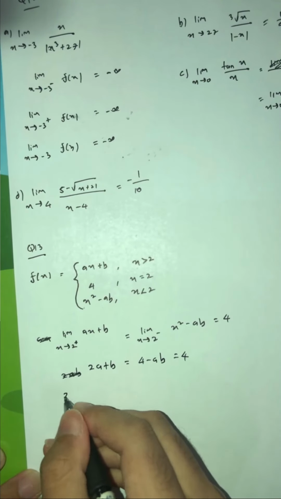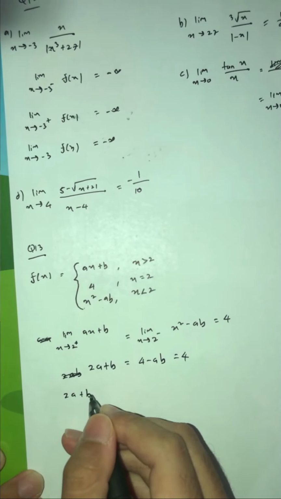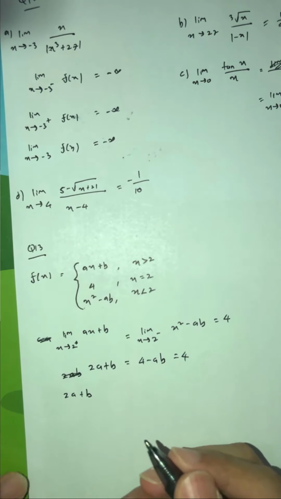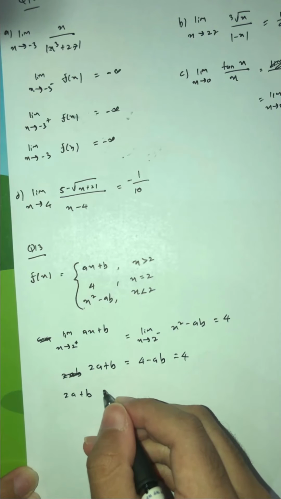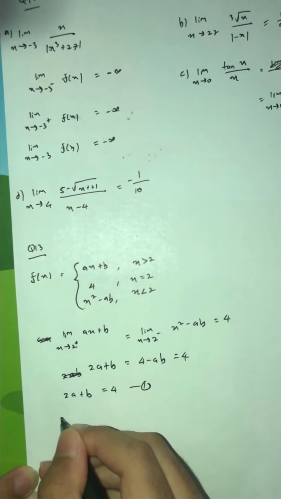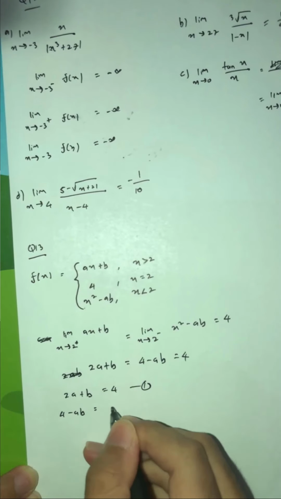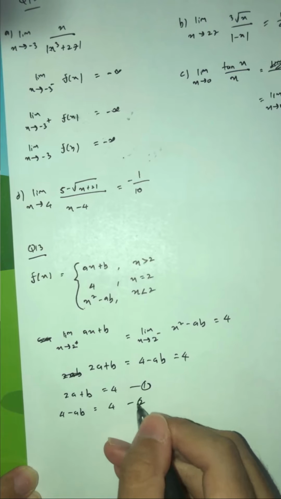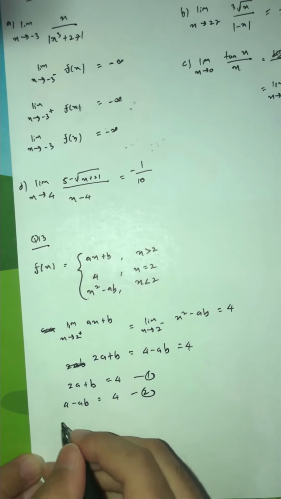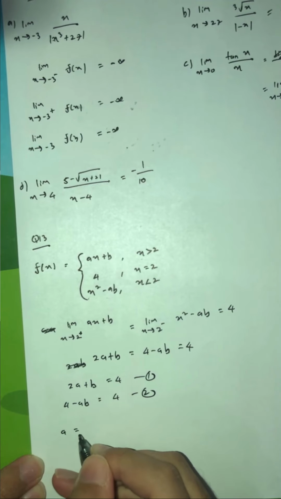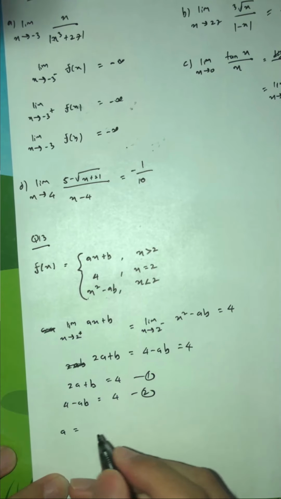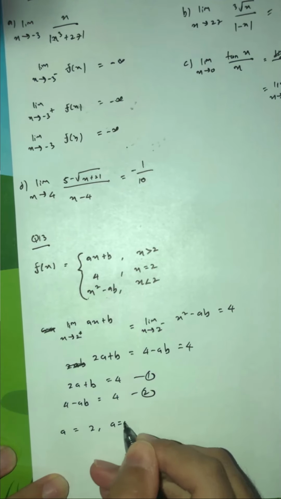So we can separate this into two equations. 2a plus b equal to 4 is the first equation, 4 minus ab equal to 4 is the second equation. You solve this simultaneous equation and you get a equal to 2 and a equal to 0.